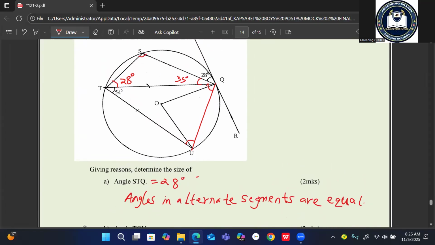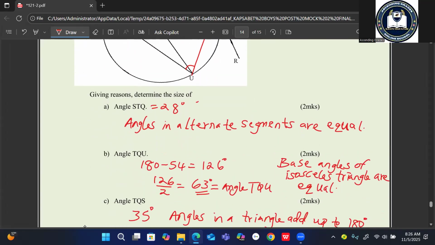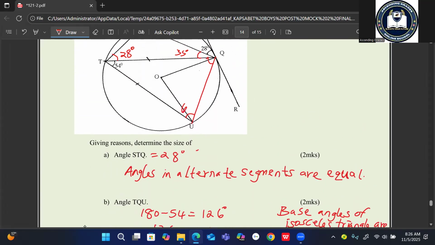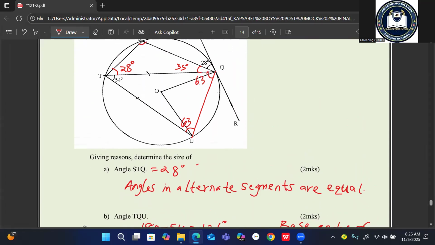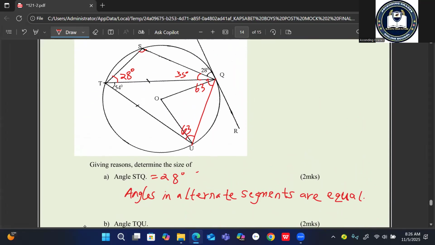Remember that opposite angles in a cyclic quadrilateral should add up to 180. Since here was 63, and there it was 63, when you add the two, it should give you 180.